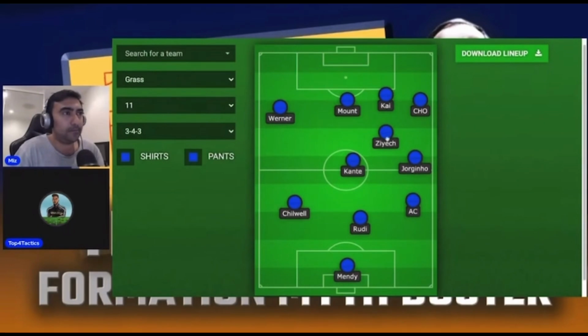I think it's very important to allow Ziyech to have that space and that time. Having this overload up here put the opposition's defenders with full hands. They had full responsibility to mark these three players. So Ziyech had the free reign to drop between the lines unmarked and control play from there.